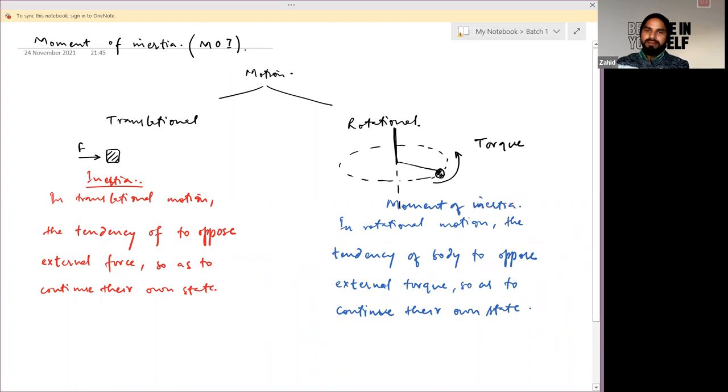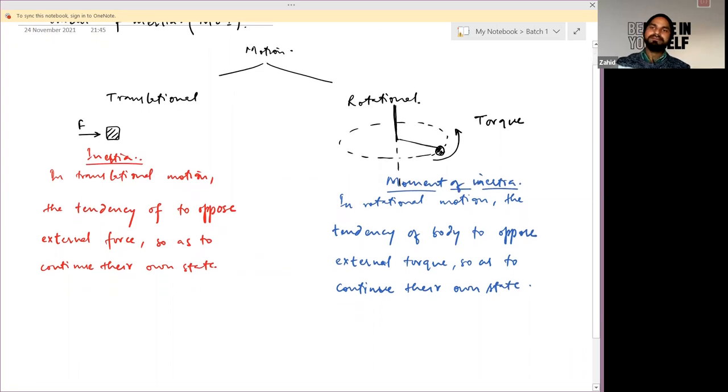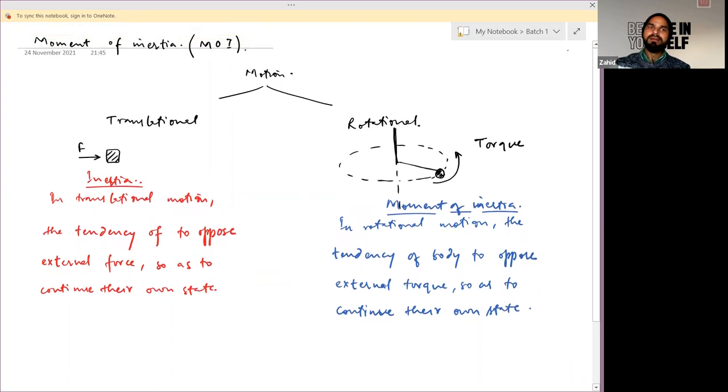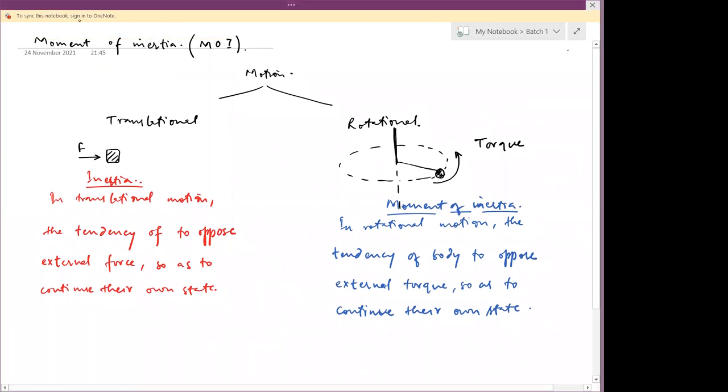So you may define moment of inertia is a rotational analog of inertia in translational motion. Is it clear? Yes, sir. Okay, just write it down.